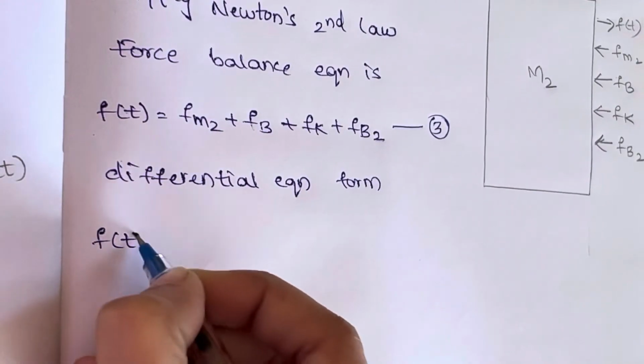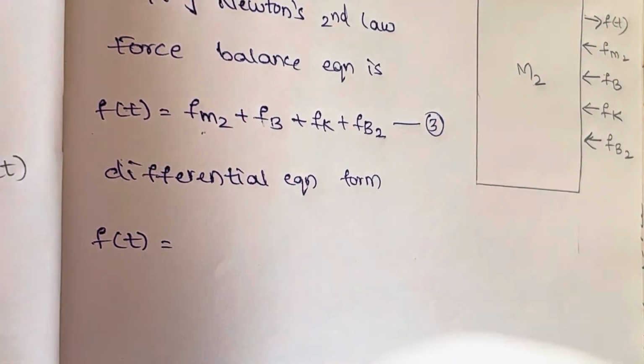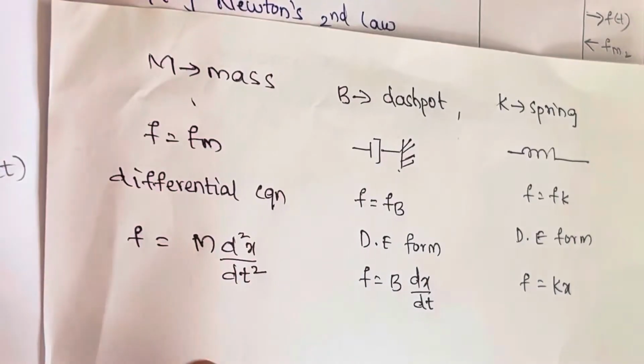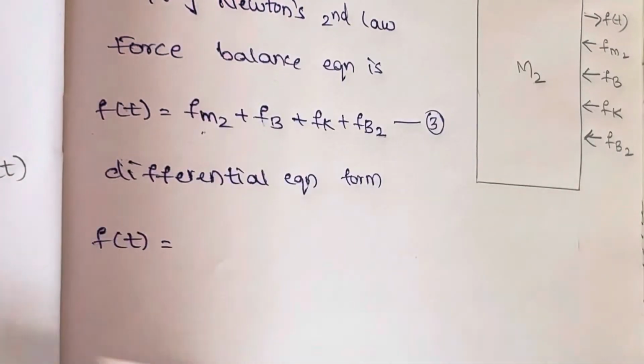f of t equals fm2 means f equals m into d square x by dt square.